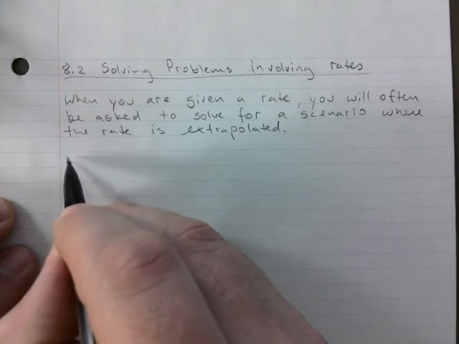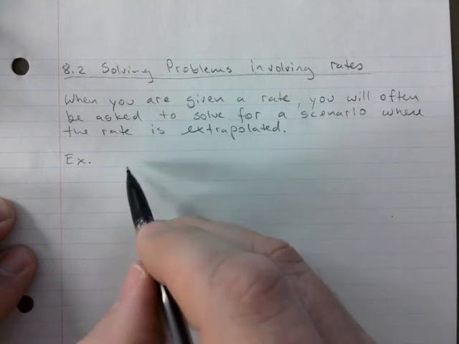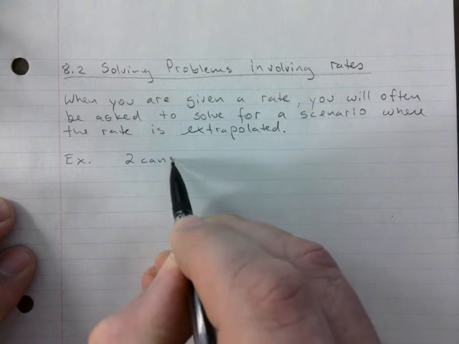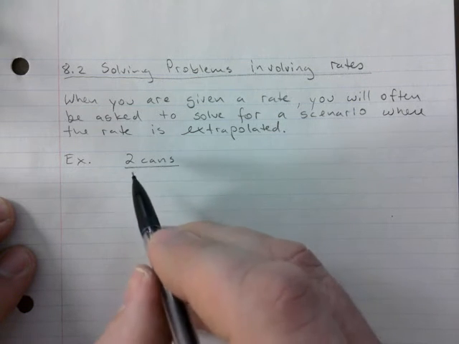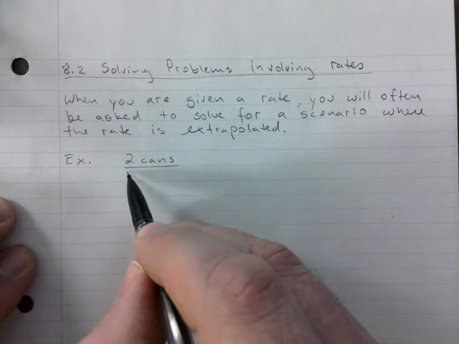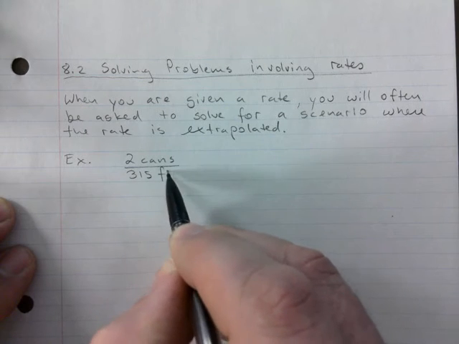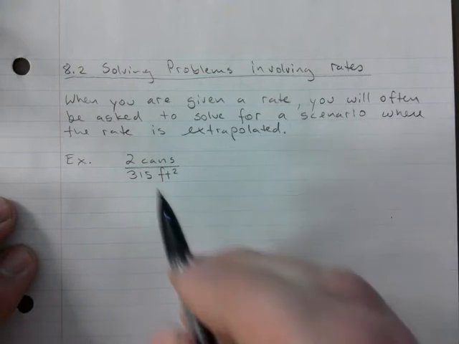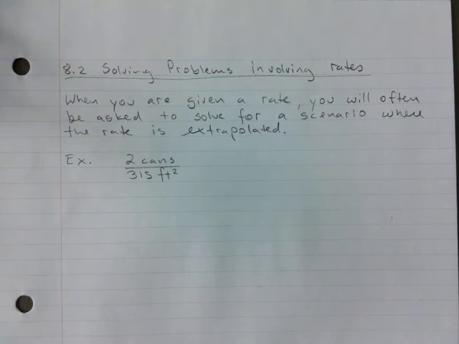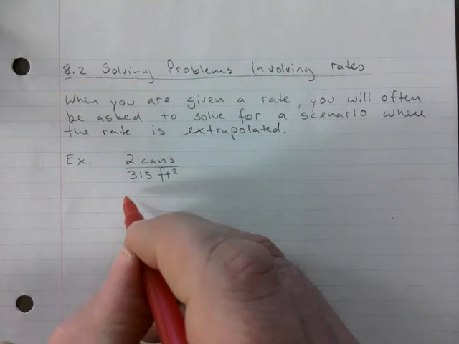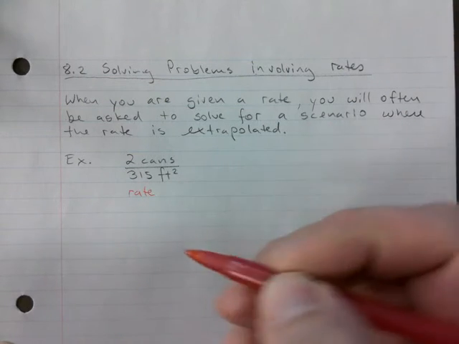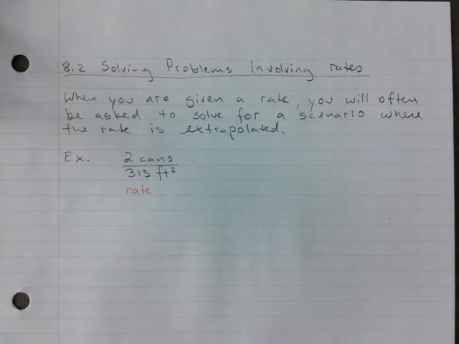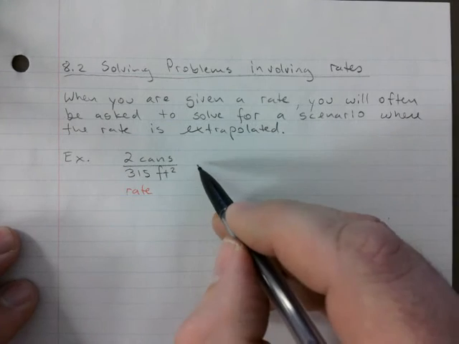So example, I just like examples to make my point here. So let's say 2 cans of paint cover 315 square feet of wall surface, right? So this is the rate that you're given. Right? Comma.